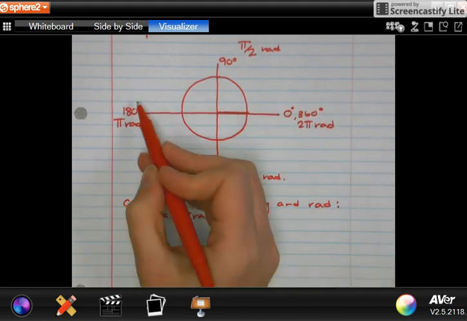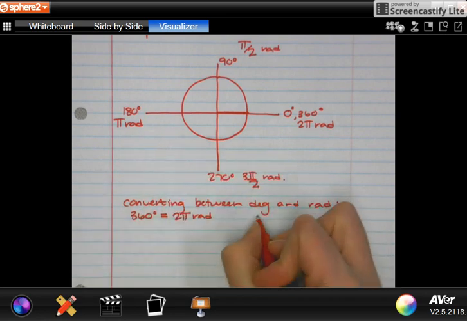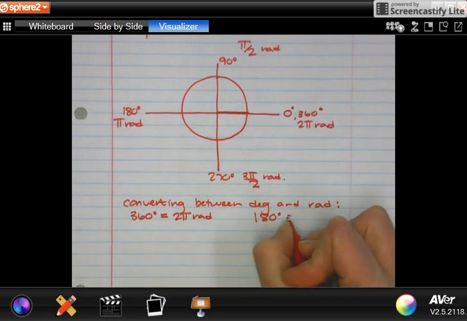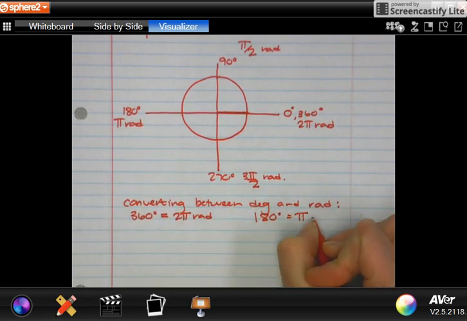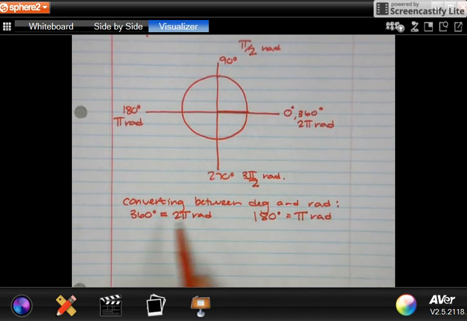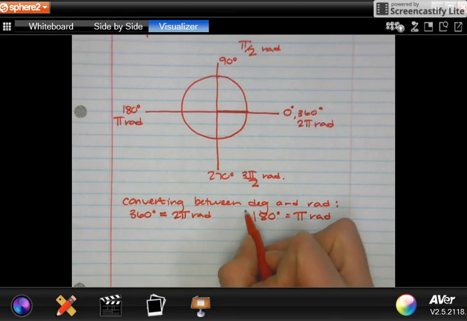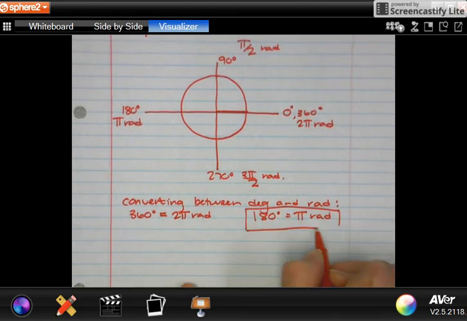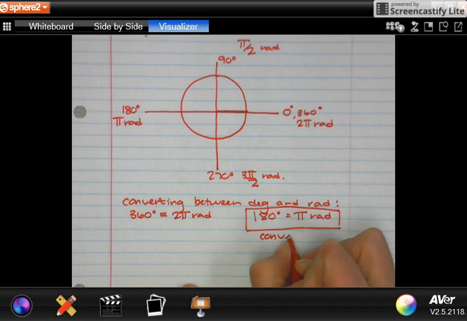You can also use this over here, knowing that 180 degrees, a straight line, is pi radian. Both of these are the same thing. Hopefully you can see that this equation is really the same as that one, just dividing by 2. I like the scaled down version. What we do is use this as a conversion factor.